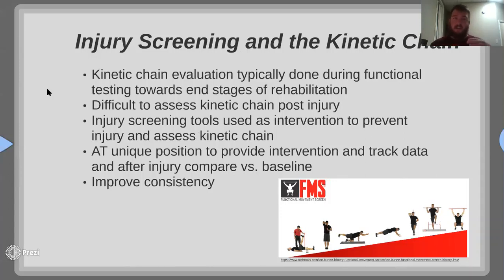I saw in your FMS tests from 2 months ago before you got injured that you had weak core strength, or you had some trouble with mobility. Those types of things can be helpful in determining the treatment plan. So AT is in a unique position to provide intervention and track data after injury versus baseline. That can help improve consistency.